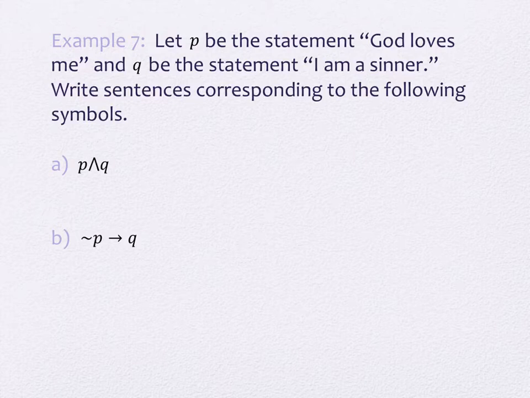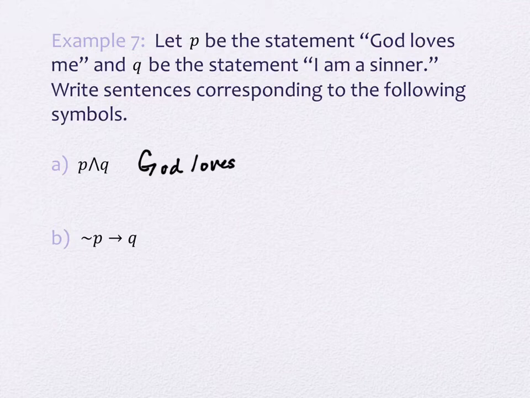So we have some different statements this time. P is the statement, God loves me, and Q is the statement, I'm a sinner. And we're going to write the words out for the symbols that are shown here. So we start with the symbol P, and the symbol P is the statement what? God loves me. What word goes with the following symbol after that?